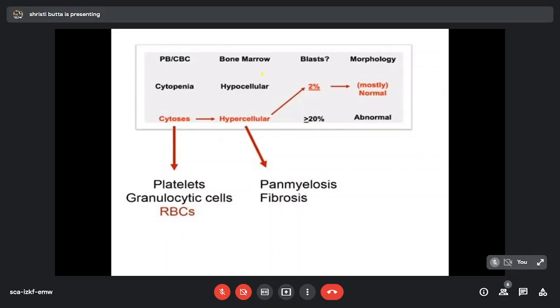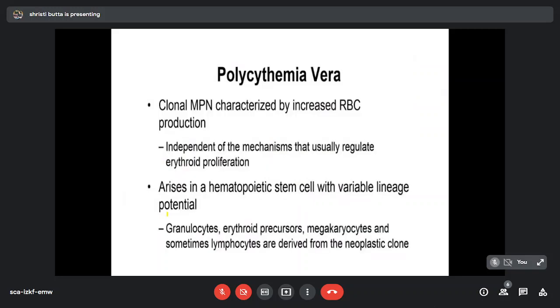The bone marrow is hypercellular with panmyelosis, and you have blasts which are less than 10%. The morphology of the cells is absolutely normal. You have blasts less than 10%, a hypercellular marrow, and a cytosis showing an increase in the erythrocytes. What do you think this case would be? Yes, it's a case of polycythemia vera.